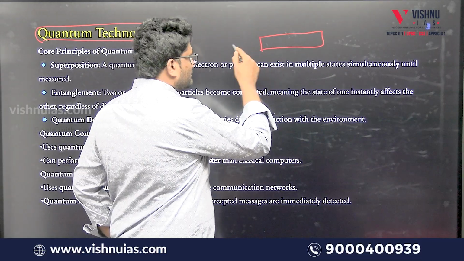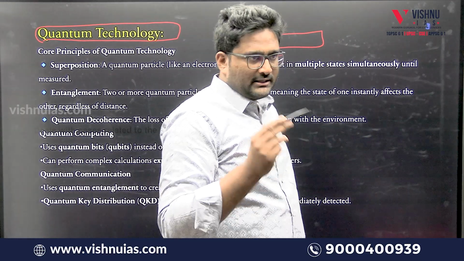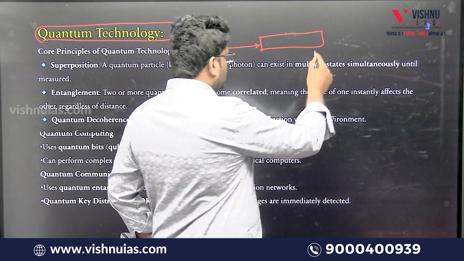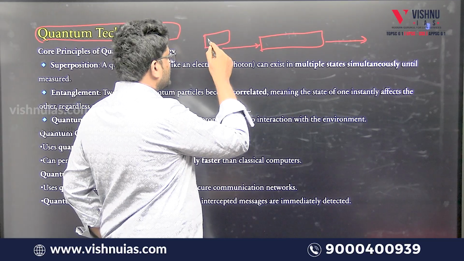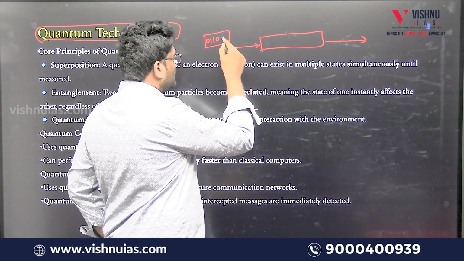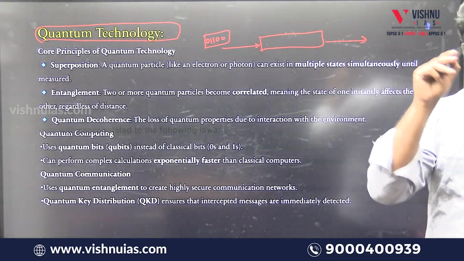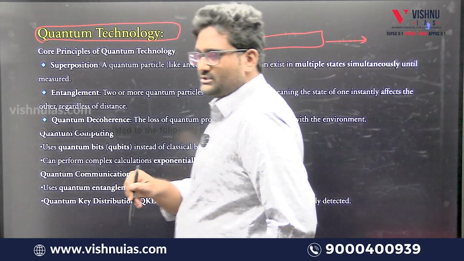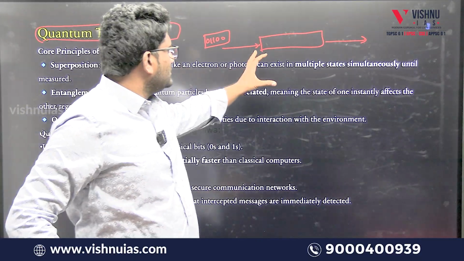See, when a communication is sent through a channel, generally an electronic communication will be sent in the form of 0, 1, 1, 0. These are called bits. 0 is a bit and 1 is a bit. No need to go so deep into the communication system. But remember, we will send some information through a channel.